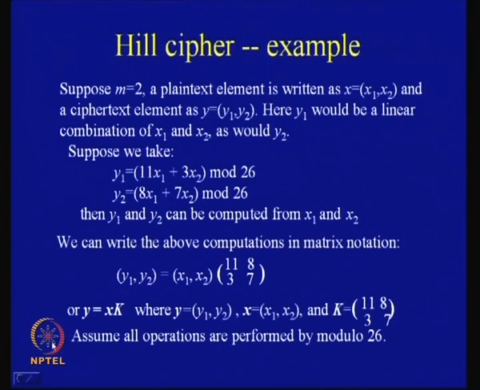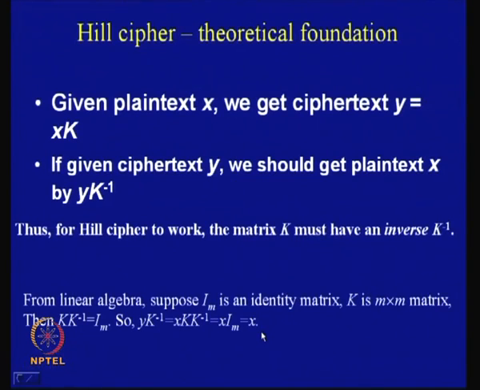All these operations are performed modulo 26, but the important point is that for injectivity, as we have seen in the context of affine ciphers, we need the inverse of this keying material. Given a plain text x we get a ciphertext y, but to go back we need the inverse of this matrix.